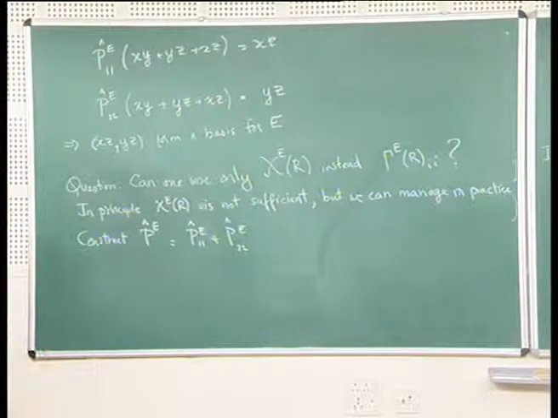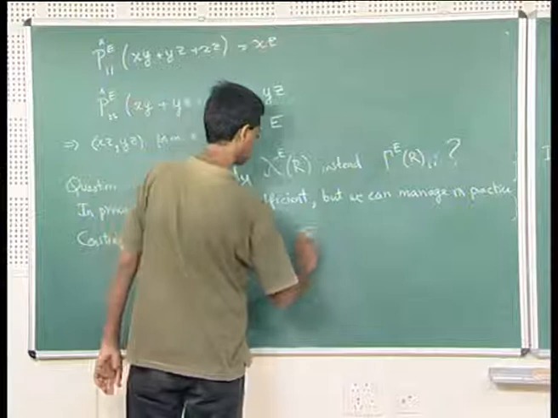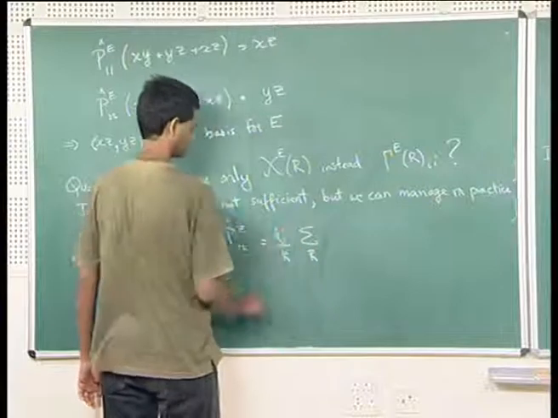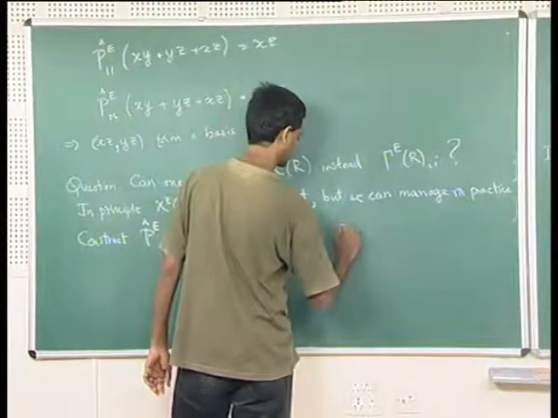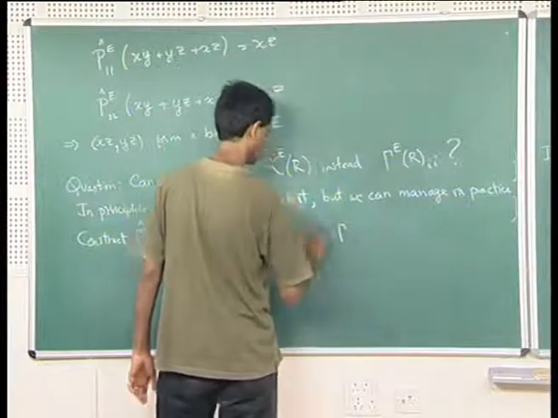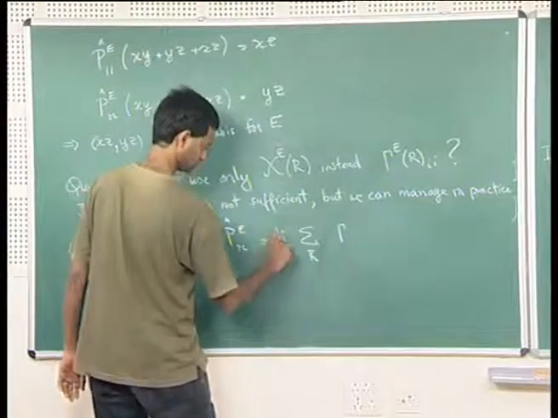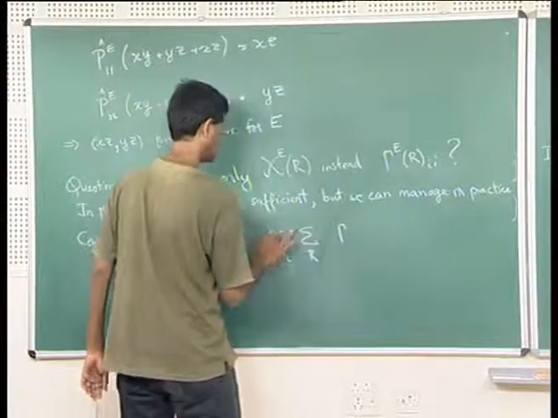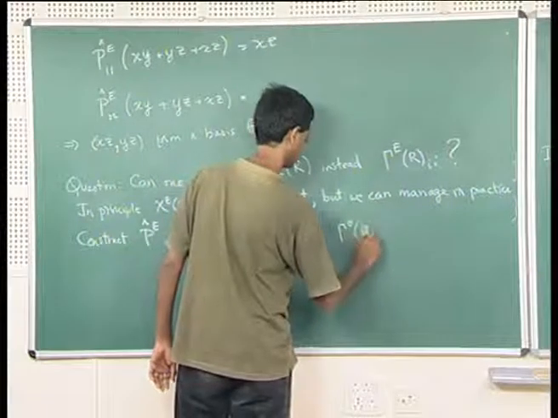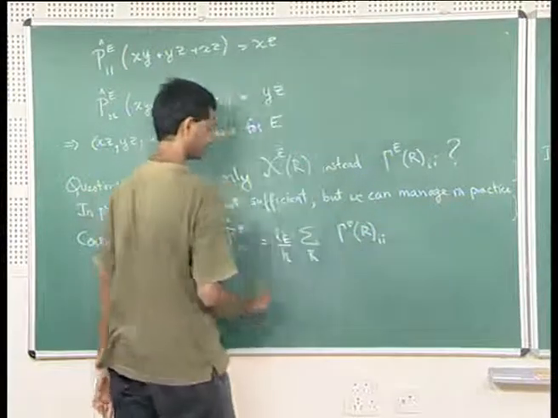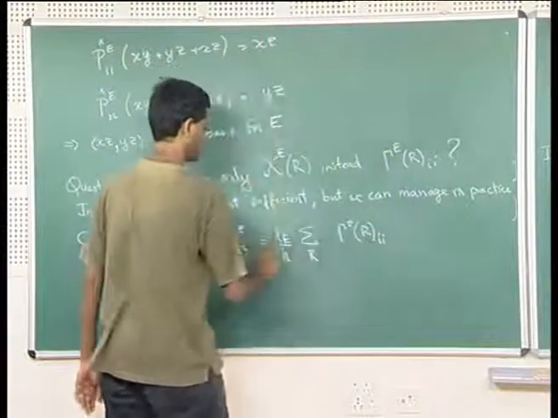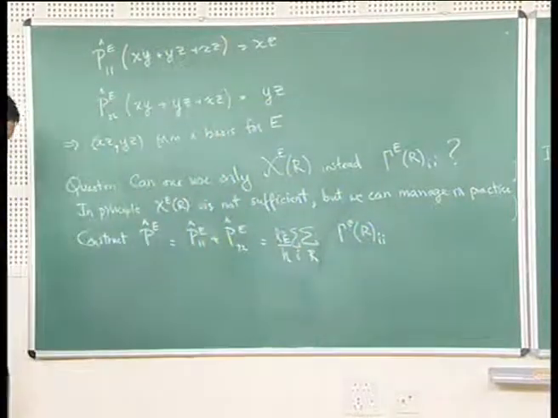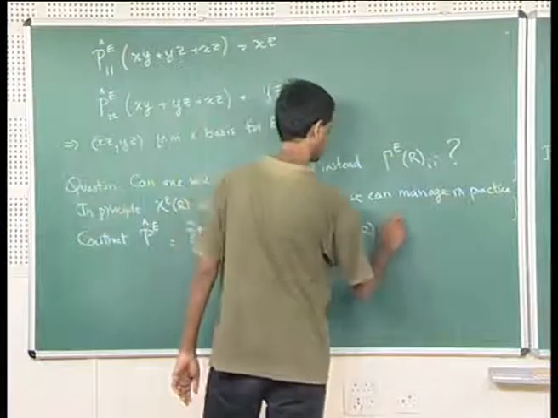So this is equal to L_E by h, sum over R, of gamma^E of R, the ith element, and what you have is a sum over i, over all the diagonal elements, times R hat.